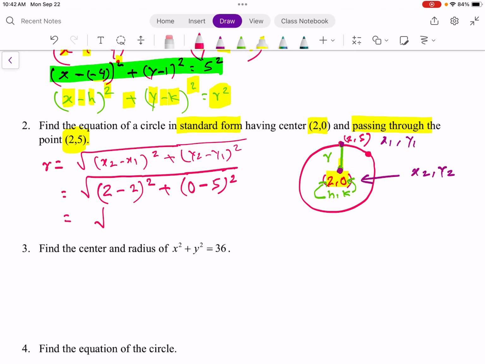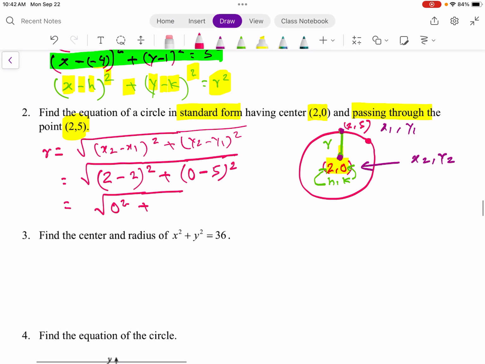So this is 2 minus 2, which is 0, squared, plus 0 minus 5, and do not forget to square the negative. So this is 25, and the square root of 25 is 5. So the radius is 5. The square of negative 5 is positive 25, not negative 25. It's positive 25.